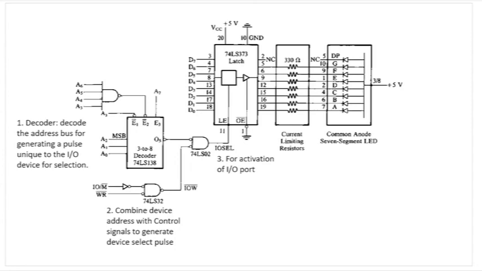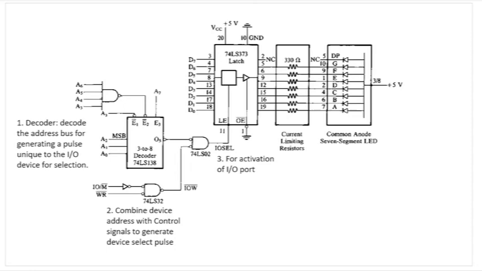We have the decoder. First we decode the address to see which location we have to forward the data to. Then using the AND gate, we combine the address with the control signals, and using the latch we can activate the IO port for receiving the data.